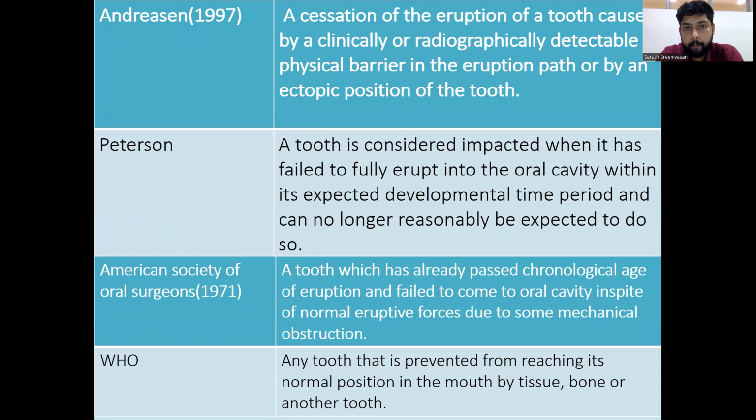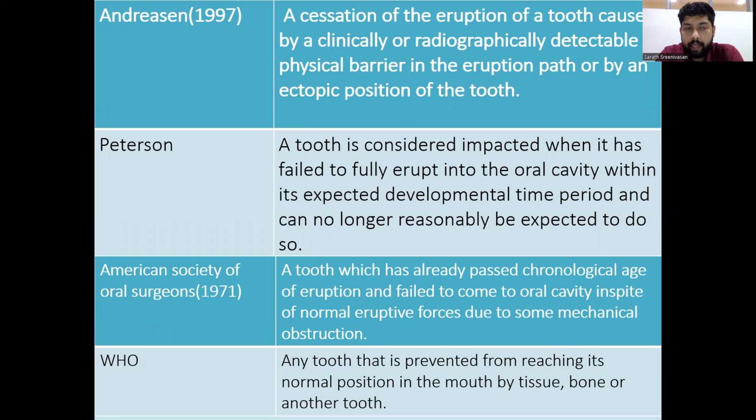According to Peterson, a tooth is considered impacted when it has failed to fully erupt into the oral cavity within its expected developmental time period and can no longer reasonably be expected to do so.